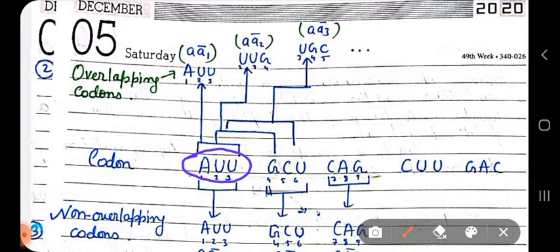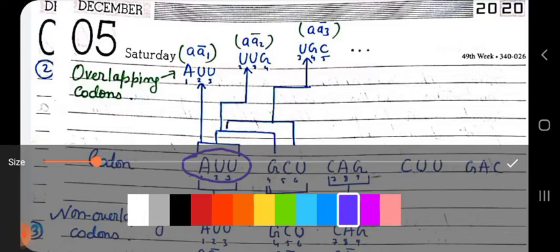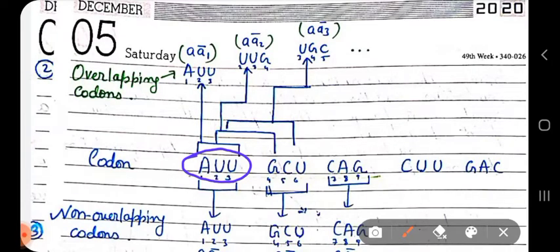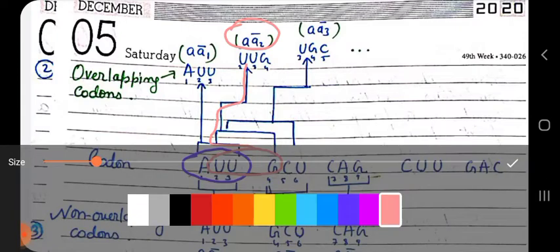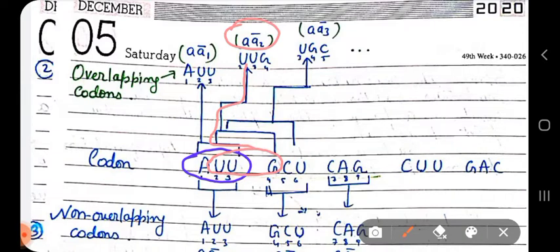Now if it is overlapping, then it must combine with the next codon. Look at this figure: UUG. It will code for a different amino acid. Then let us see another one, in orange: UGC. Sorry, not UCU.